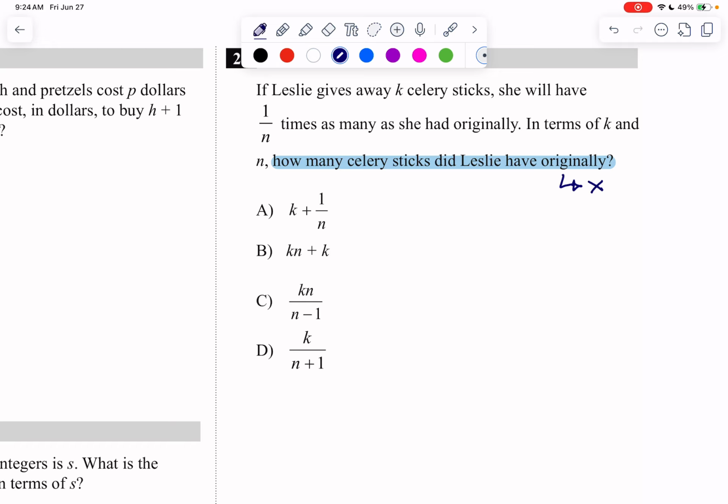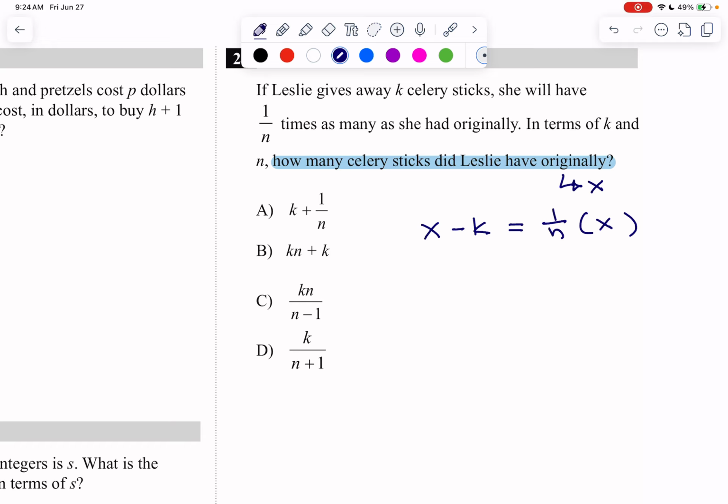So I'll show you the hot mess and then I'll show you how to get around it. If we have X celery sticks, and we give away K, we subtract away K of them, and that will result in, or equals, 1 over n times, multiplied by, as many as she had originally, which we decided was X.